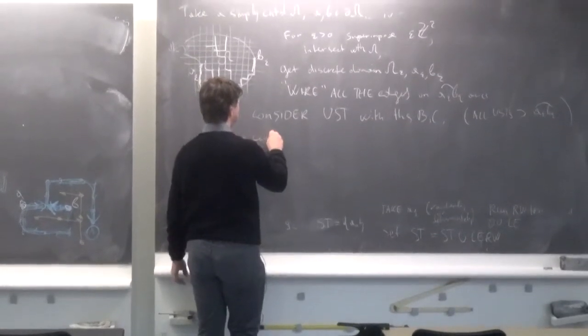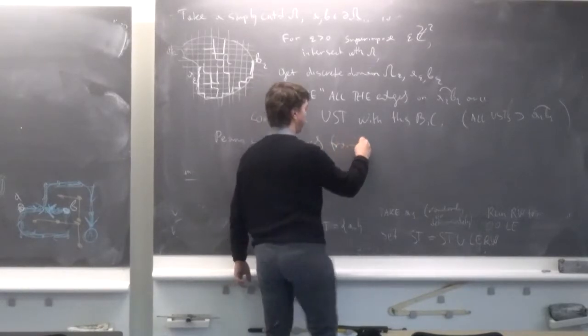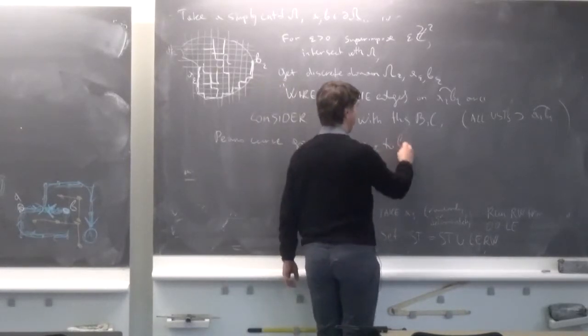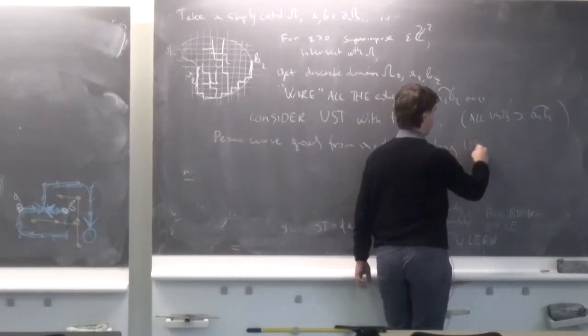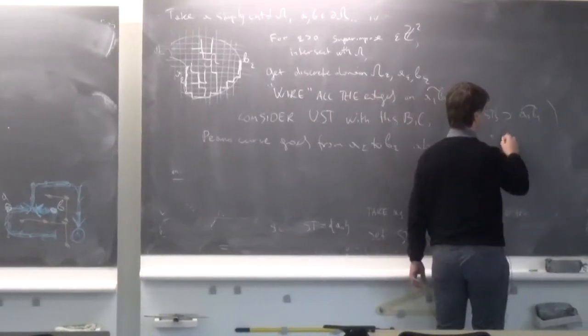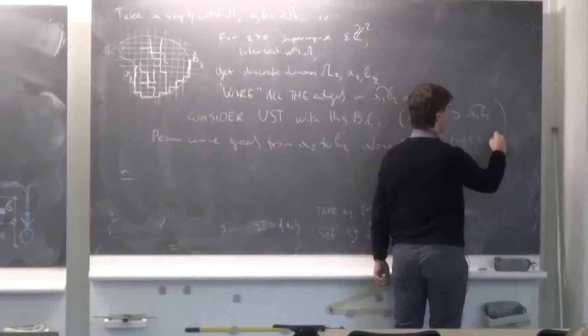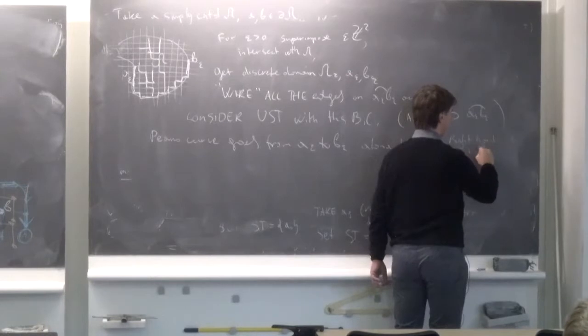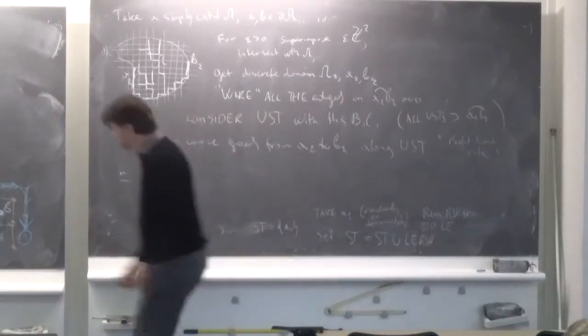Peano curve goes from A epsilon to B epsilon along the UST. This is called the right-hand rule. This is how you're supposed to traverse labyrinths. Well, at least simply connected labyrinths.